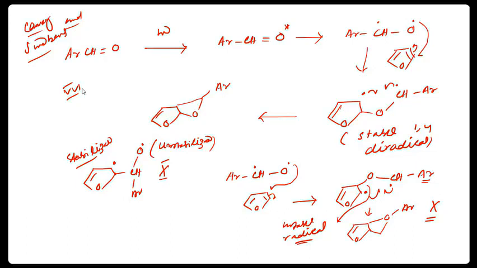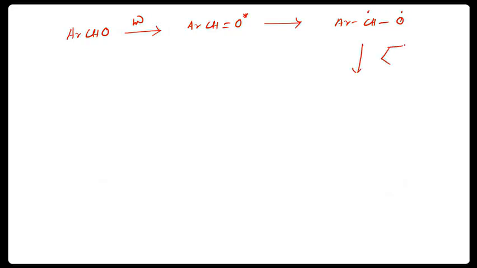Here I am going to show another example. ArCHO, hν, star. It goes to the excited state, and there we have this alkene partner. Then what will happen?